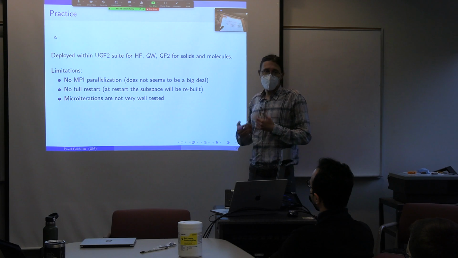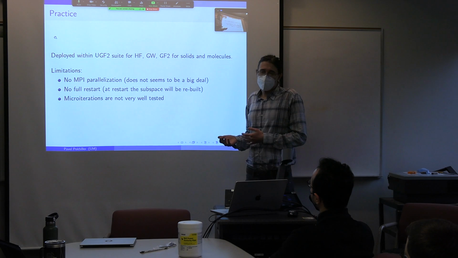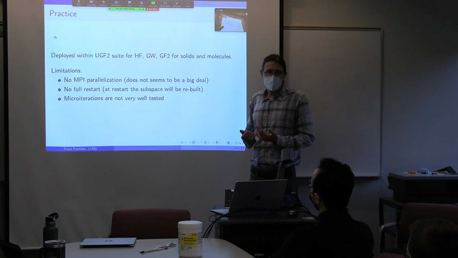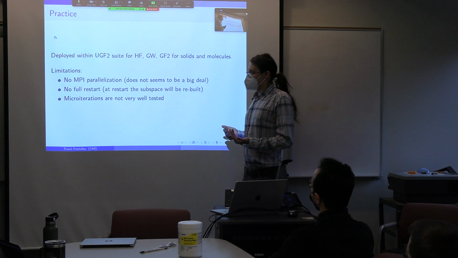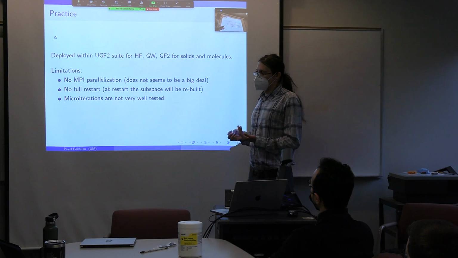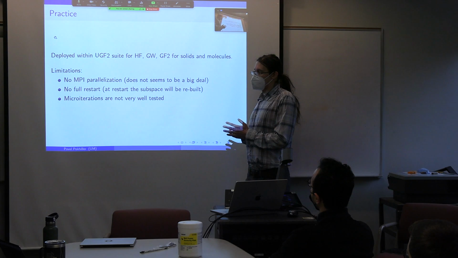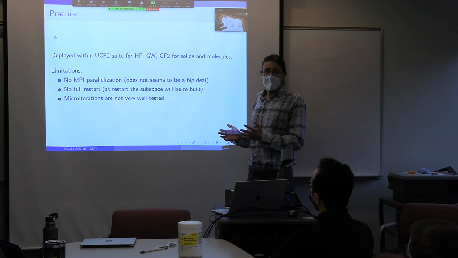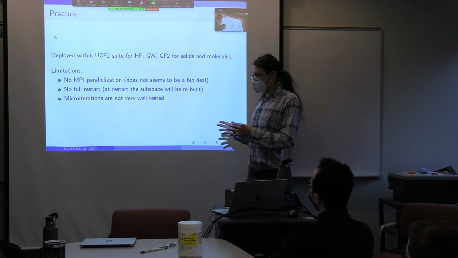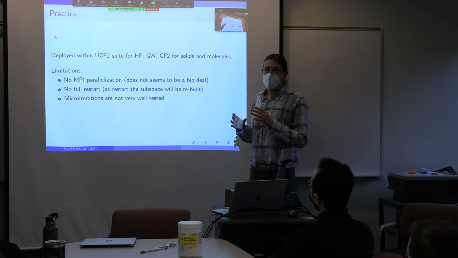However, there are a few limitations of the implementation. I was more interested in the correctness of the implementation rather than in speed, so I didn't put MPI parallelization, but it doesn't seem to be very important because the cost of the evaluation of the self-energy is much larger than the cost of the evaluation of overlaps or commutators.